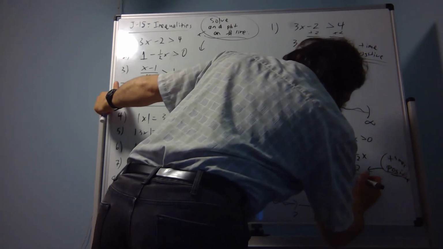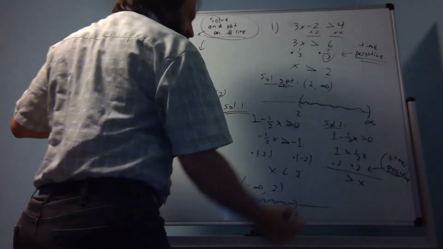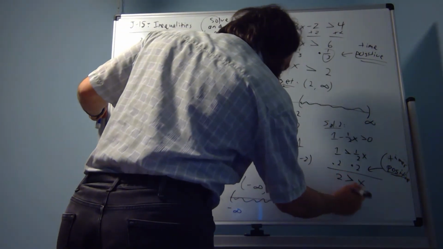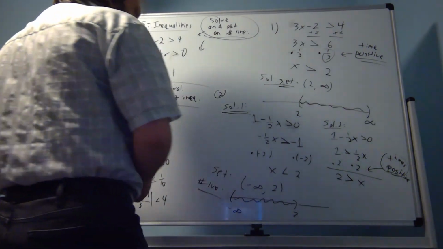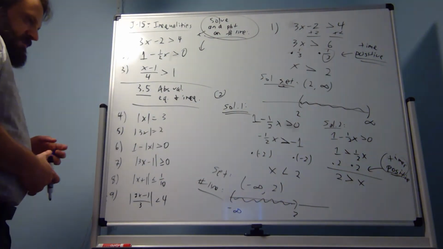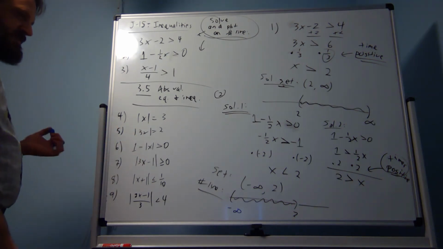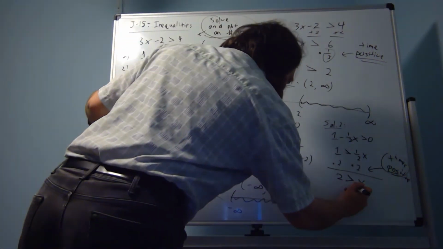So times a positive number, the inequality stays the same. Right now it's a greater than. So now we have 2 is greater than x, but that's just saying the same thing as x is less than 2. So x is on the small side.